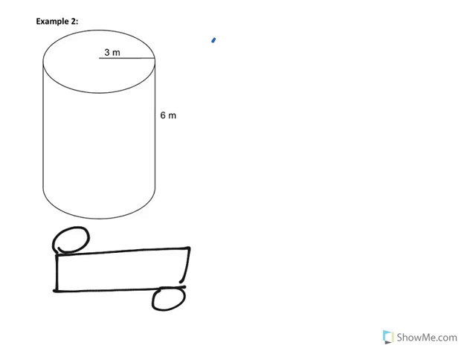The rectangle, if you were to unfold it, matches the circumference of the circle. So to find circumference, it's 2 times pi times r, or pi times the diameter. So we're going to utilize that in our formula.